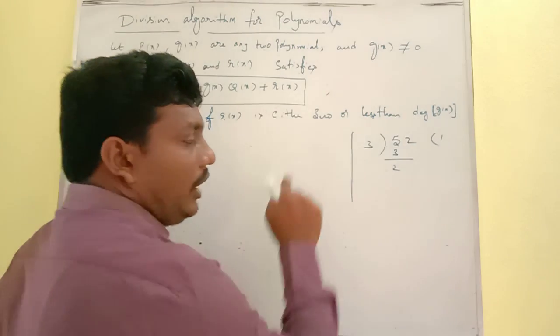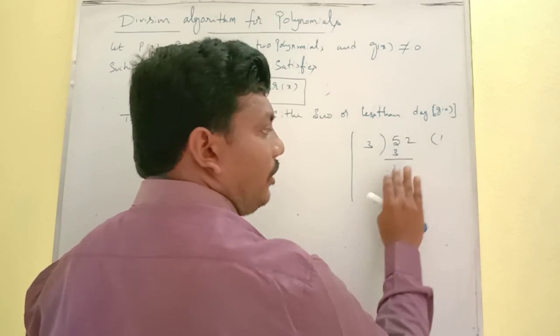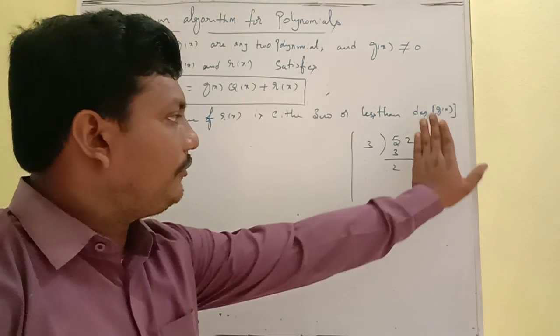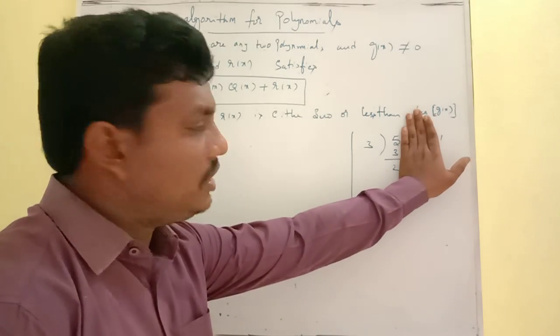If you have only 5 as the number, we stop the division here.